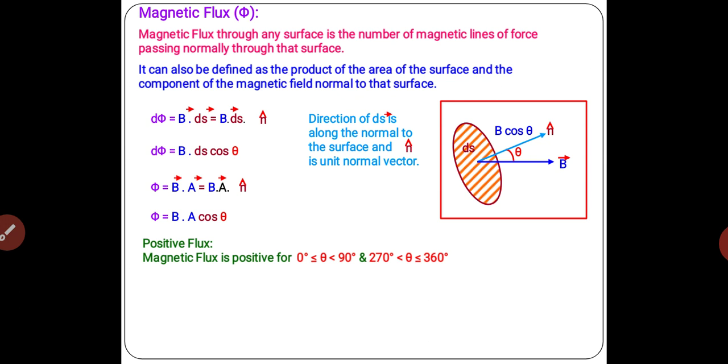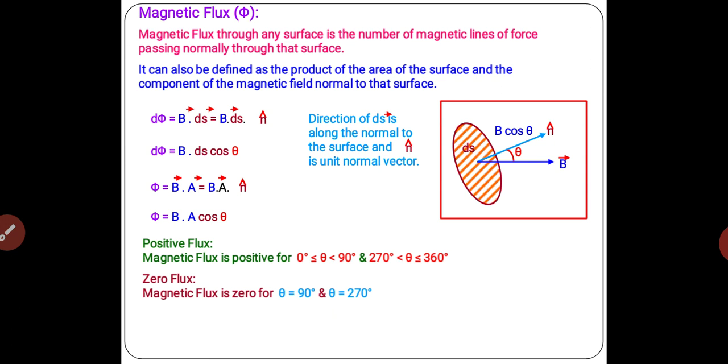The magnetic flux is positive when theta lies in the first and fourth quadrant, that is, theta is greater than or equal to 0 and less than 90 degrees, or when theta lies between 270 degrees and 360 degrees. The magnetic flux linked with any surface area is 0 when theta is equal to 90 degrees or 270 degrees.